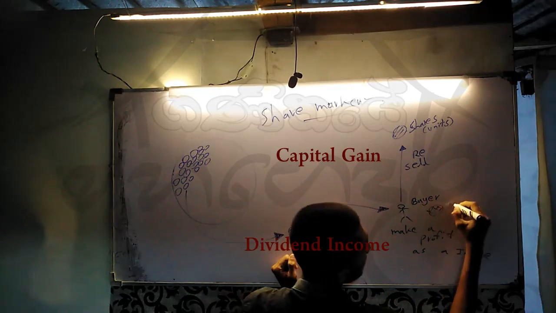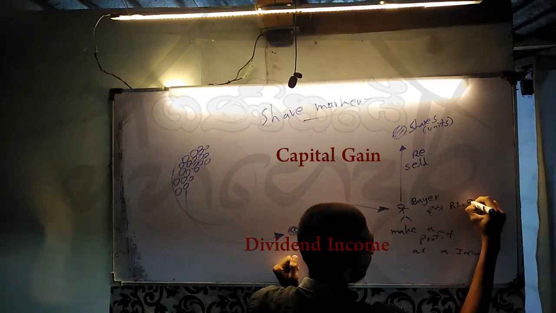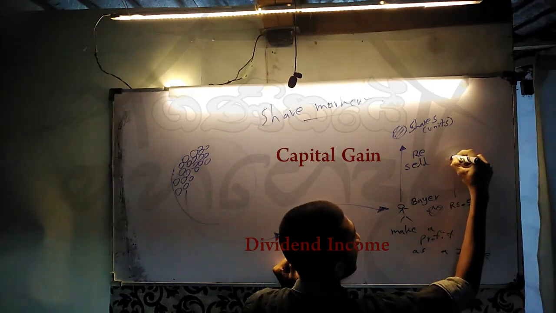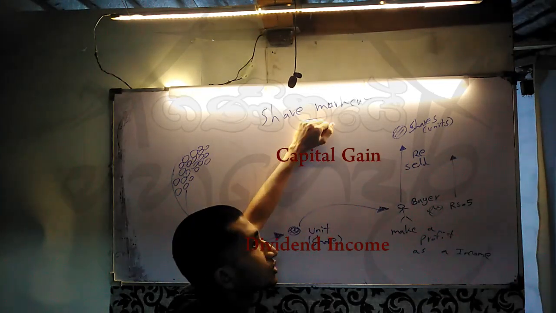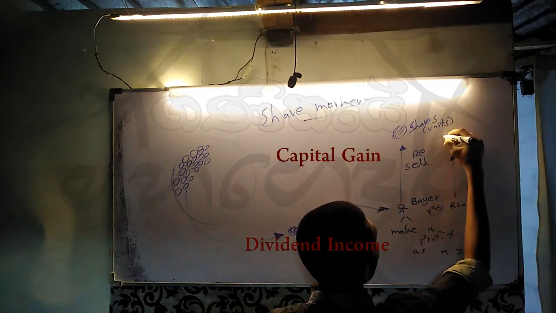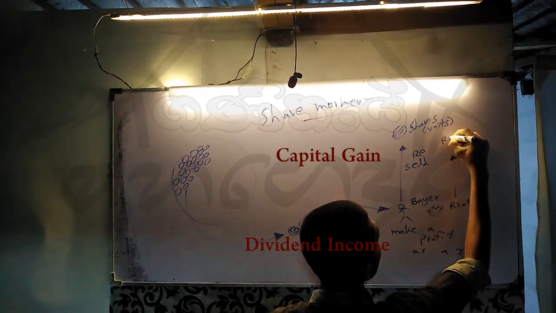Think if there were a unit for 5 rupees, after it increased to 7 rupees, it can be sold as a resale.